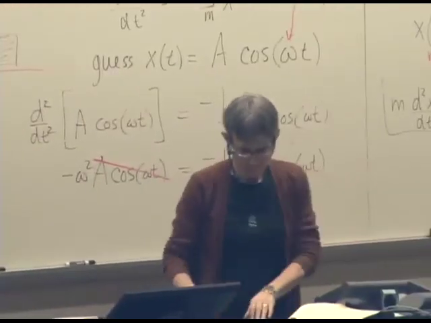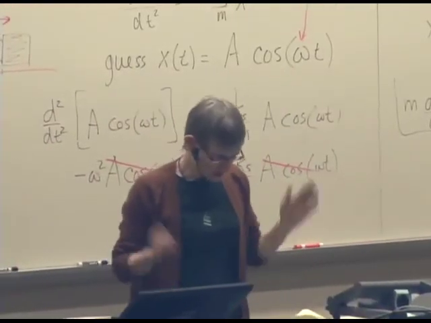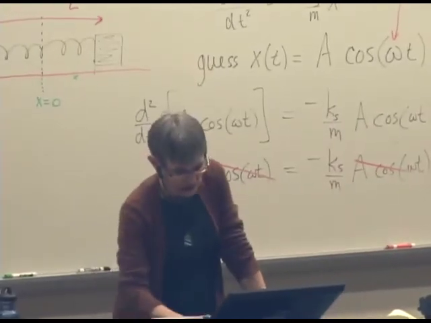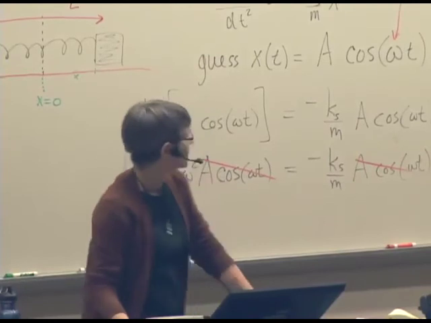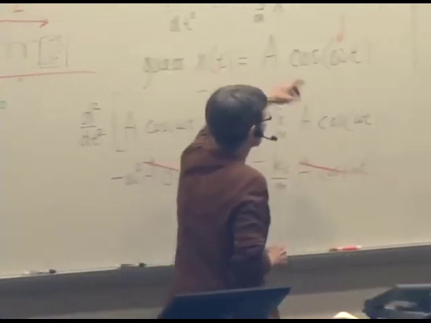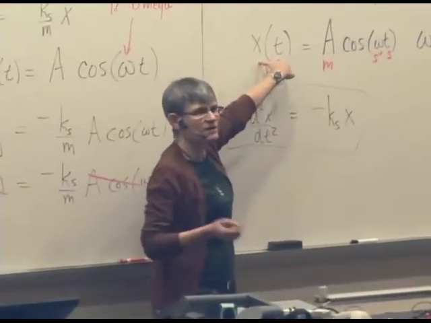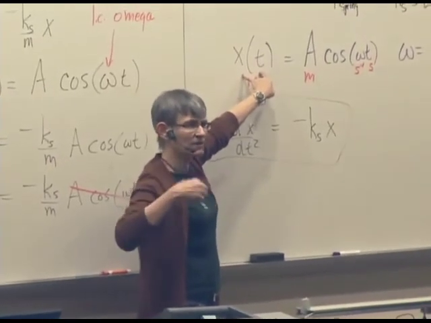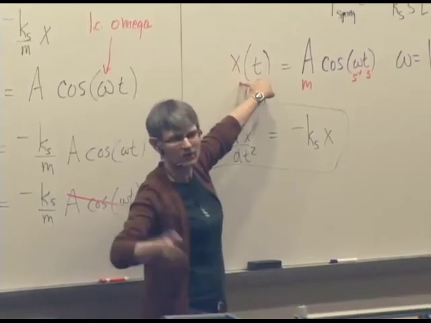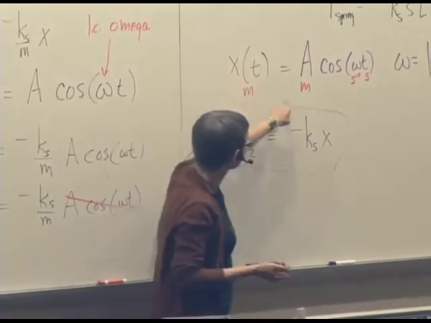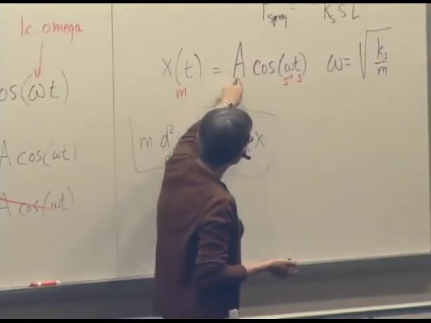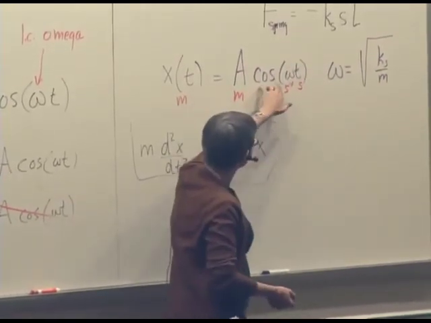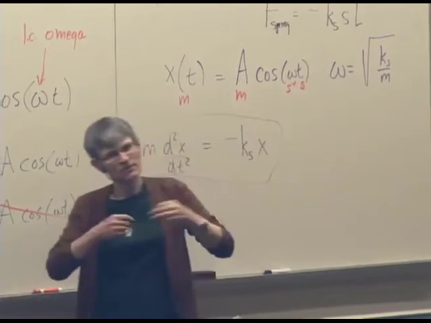Okay. So we actually solved the differential equation, and we came up with an equation that'll predict the behavior of a spring attached to a mass, oscillating as a function of time forever and ever, as long as there's no friction. The amplitude says how far the maximum displacement is. Omega is the angular frequency.